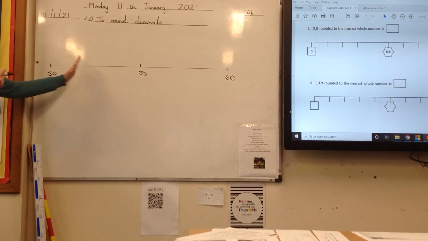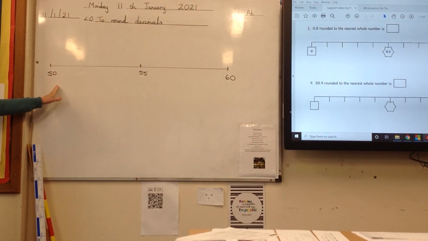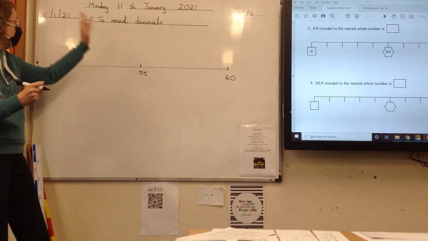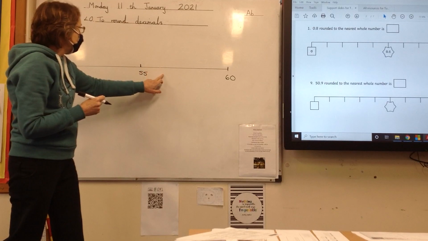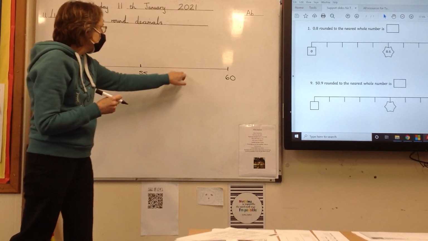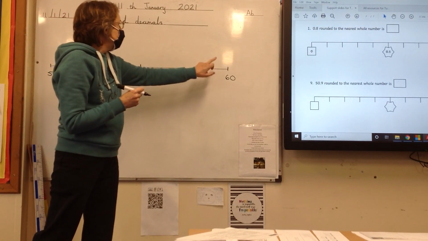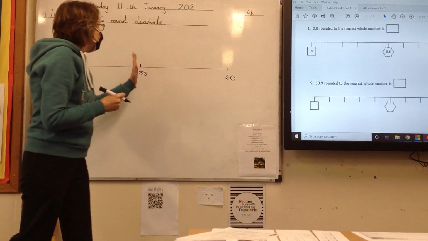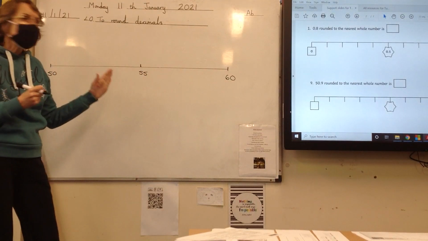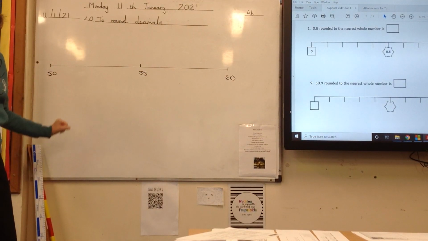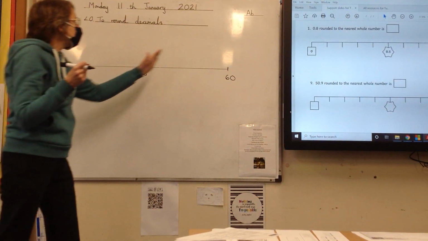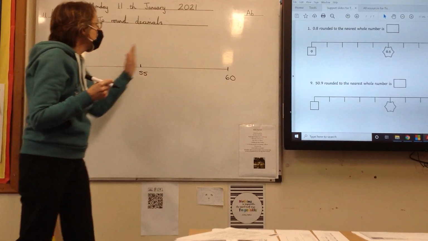Which one are they nearest to? They would be nearest to 50. From 55 onwards, 55, 56, 57, 58, 59. If I said round to the nearest 10, are they nearer to 60 or are they nearer to 50? 60. Good. They're nearer to 60. So they would round up.